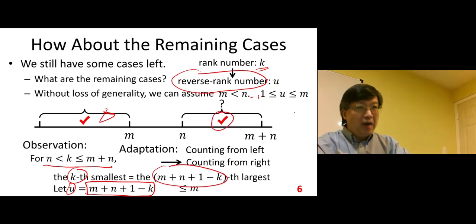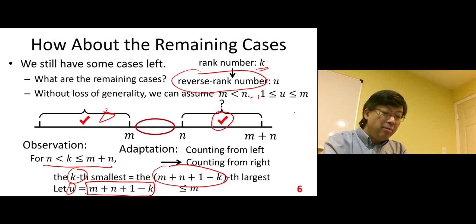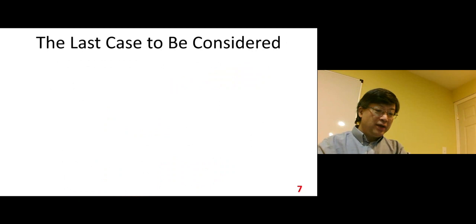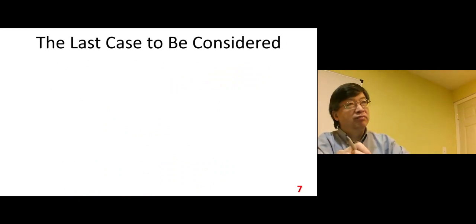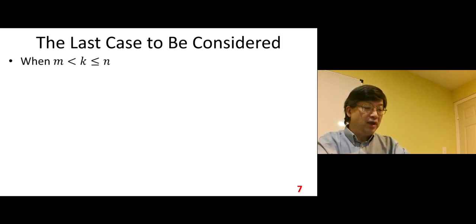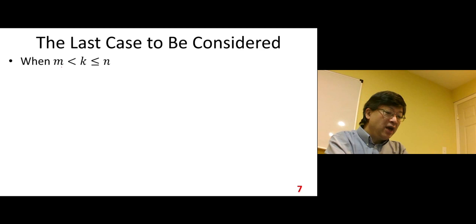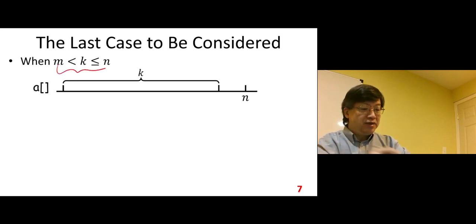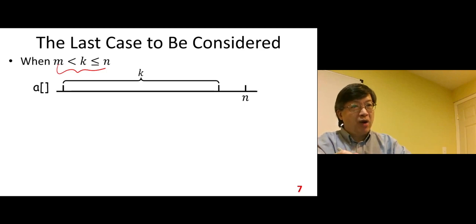The last case, the k in the middle. When k is in the middle, let us use a different way to solve it. Because this time the k is in this range. Now, let's draw the diagram in this way.